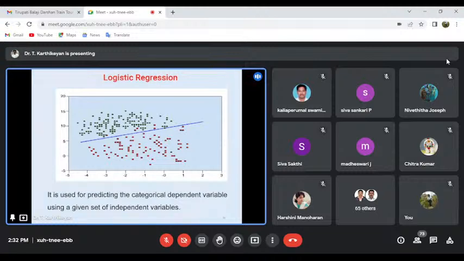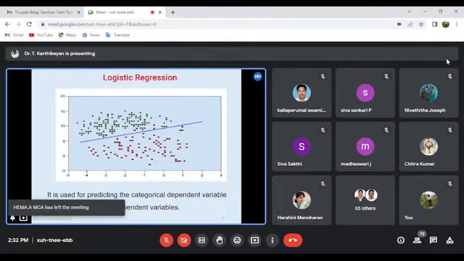Now to classify a new data point, we just need to determine on which side of the line the point lies. See, we want to differentiate things. In this particular diagram, we can see red color dots as well as green color dots. We want to differentiate these things.